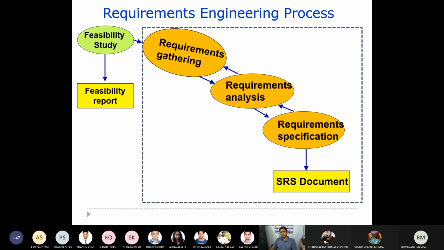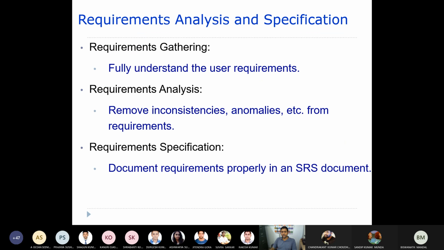We try to gather the requirements, then we analyze these requirements, and then finally we specify them. The output that comes here, the final deliverable, is an SRS document. So these are the various activities.